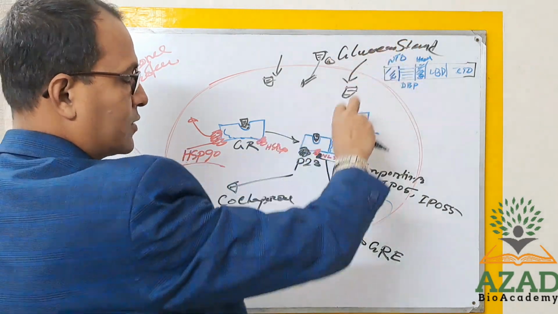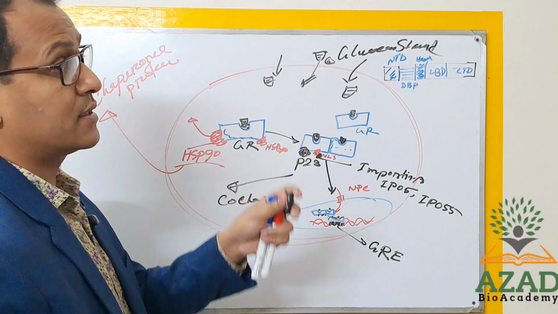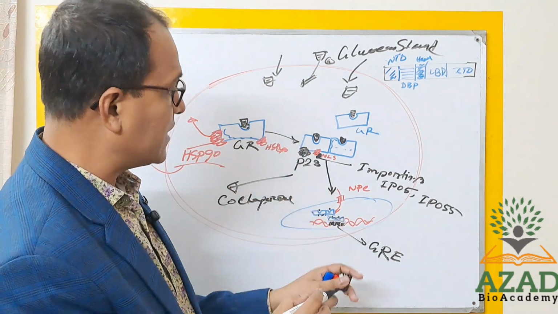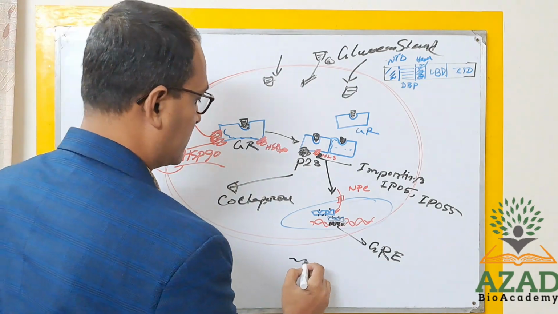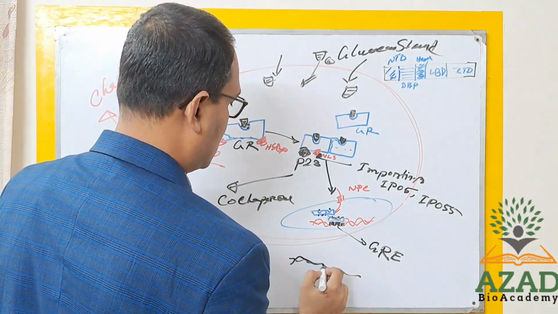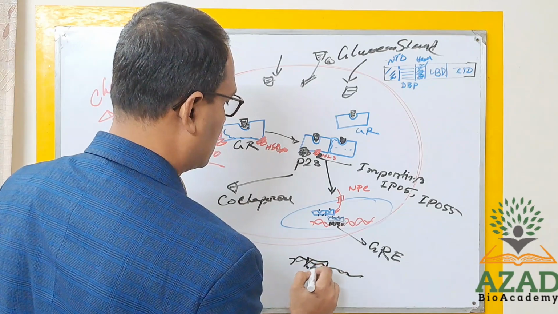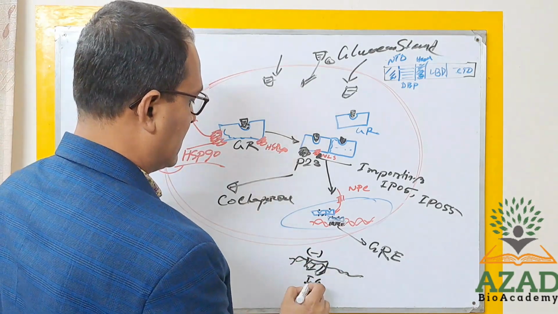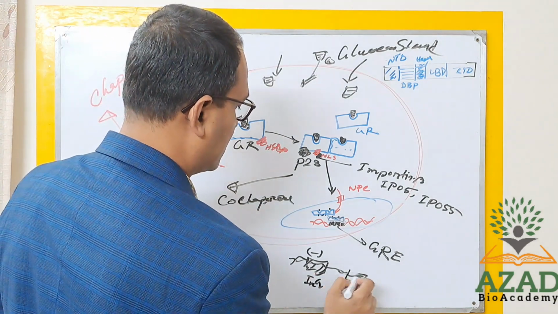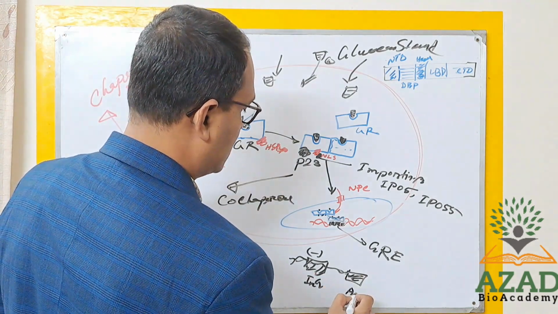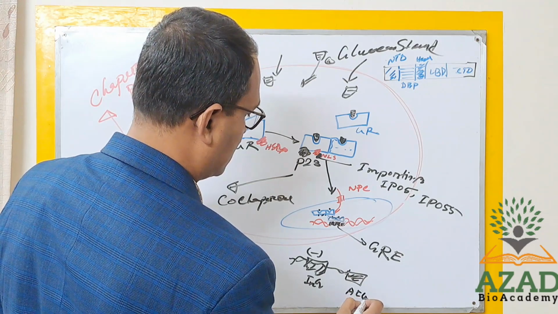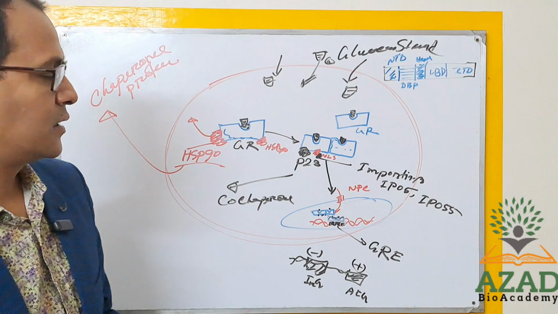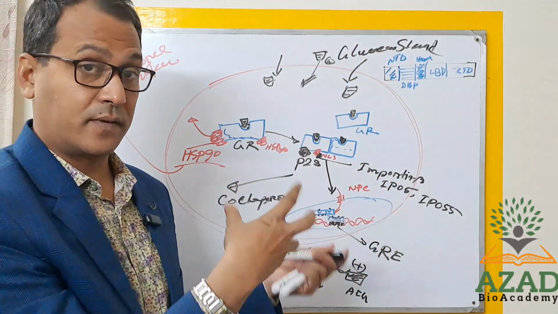As this is a glucocorticosteroid, it has a strong anti-inflammatory activity, so it will inhibit the inflammatory gene and activate the anti-inflammatory gene, and that will give its function. After that, it will be translocated by a different mechanism.